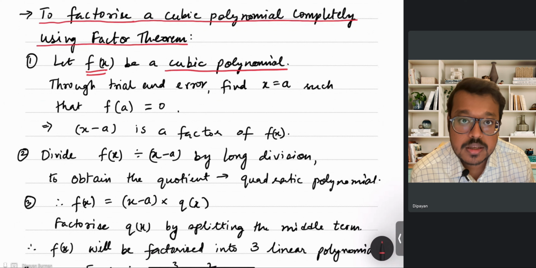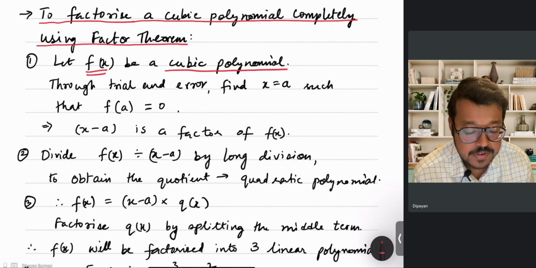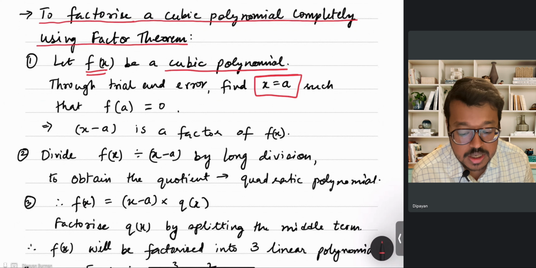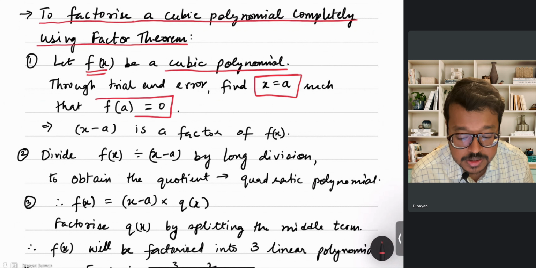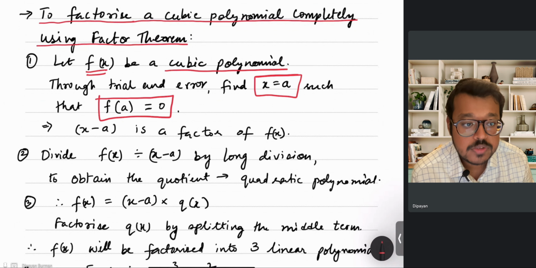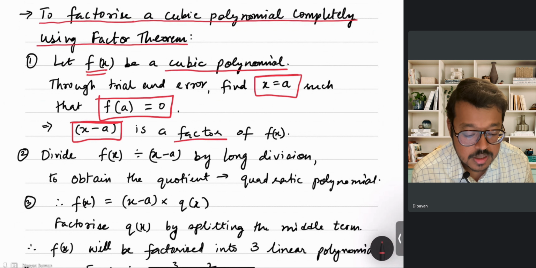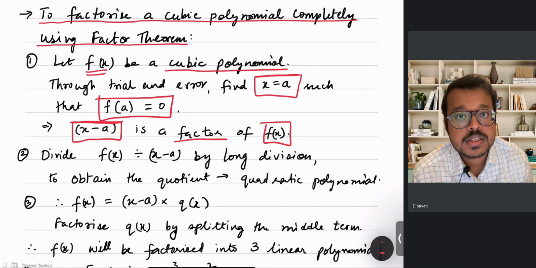Now if I do trial and error, I will just take some values of x, and if I find some value of x like x equal to a, for which the entire cubic polynomial becomes 0, then my conclusion will be that x minus a is a factor of the cubic polynomial f of x.